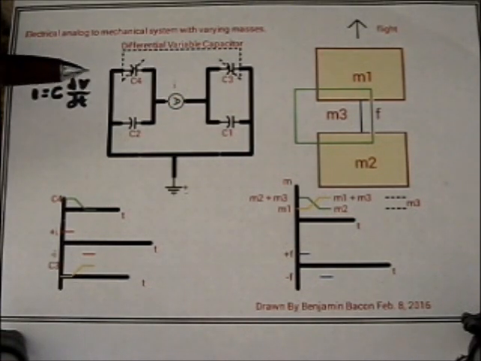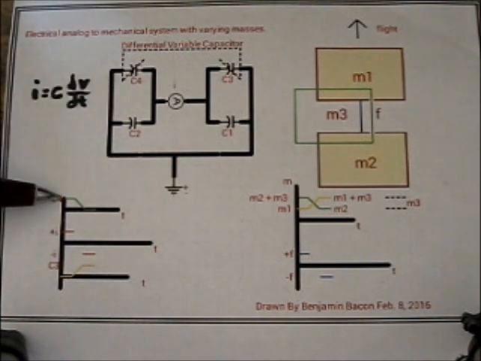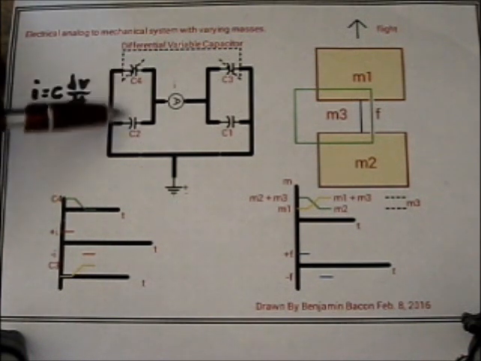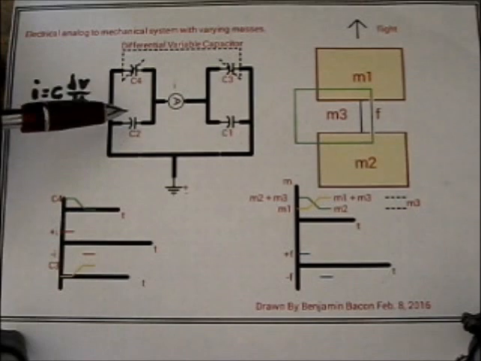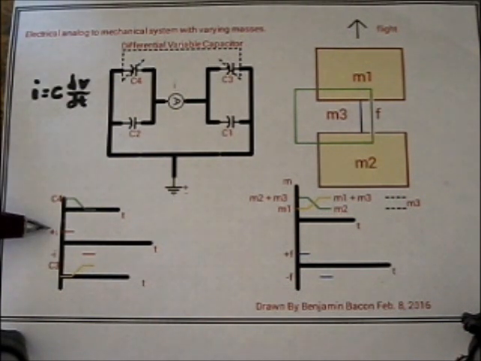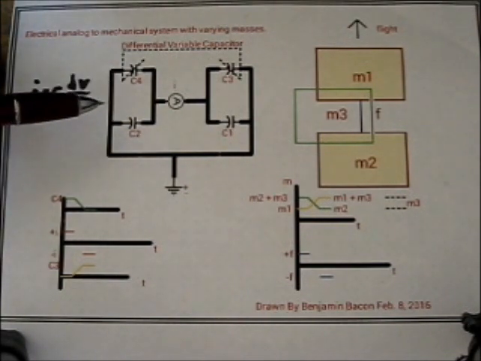If we were to do the same sequence, we would have from the waveforms C4 at its maximum capacitance. These two capacitances being in parallel will be an addition of the masses, the fluid mass added to the mass of M2. Then we apply a positive current, which is equivalent to a positive force, and that would tell us what would happen if these two modules were moving apart.